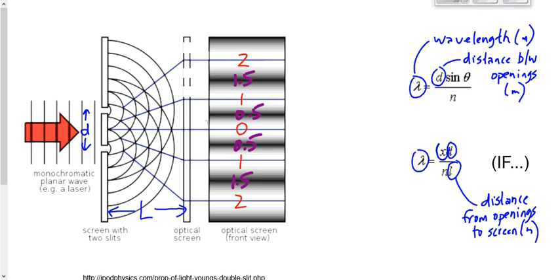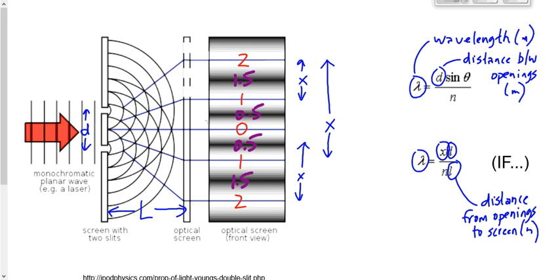We're going to label X now. X can be this distance right here, the distance between maximum 1 and maximum 2, or it could be this distance right here, the distance from the first order minimum to the second order maximum, or it could be this distance right here, from the second order maximum on one side to the first order maximum on the other side.